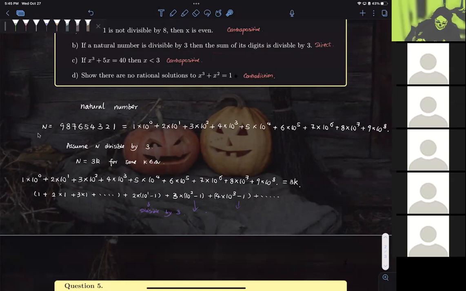But it's the same thing because this equals 3k, right? And those are all divisible by 3. Then you use this minus this, so you use a number divisible by 3 minus something divisible by 3. So you can reach the conclusion this is divisible by 3.